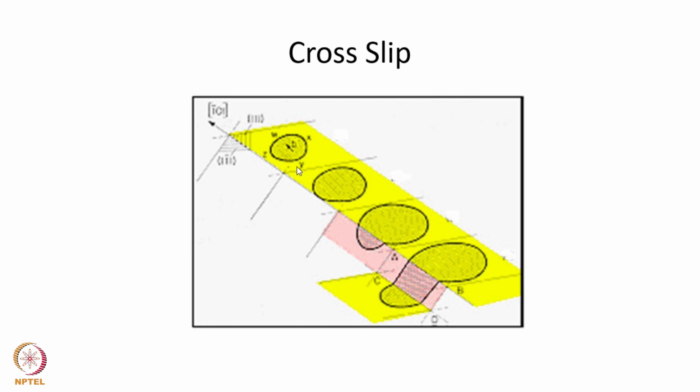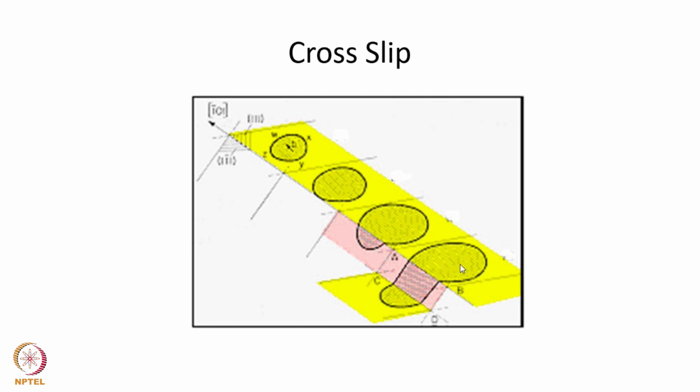So you can see as the dislocation moves along one plane, it can cross over to another plane having the same slip direction, and then it can go to another plane again if there is a common slip direction between the second plane and the third plane. This process of the dislocation crossing over to another slip plane having a common slip direction is known as cross slip.